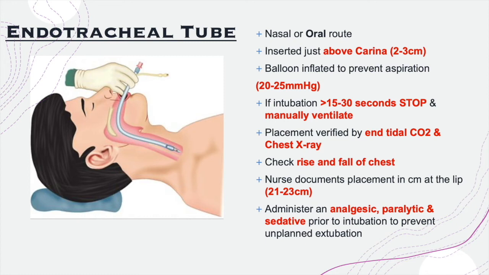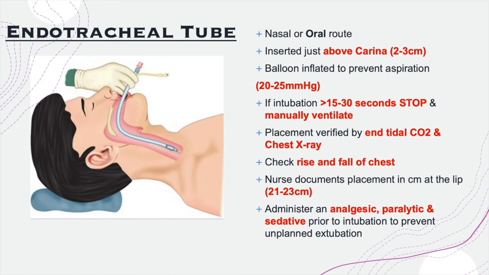Now, the next important bullet is the balloon of the endotracheal tube, which is to be inflated to 20 to 25 millimeters of mercury, which is going to prevent aspiration. If the balloon is not inflated enough to occlude the whole trachea and there's a little space around the balloon, well, pretty much whatever they aspirate is going to go down past the balloon into the lungs.